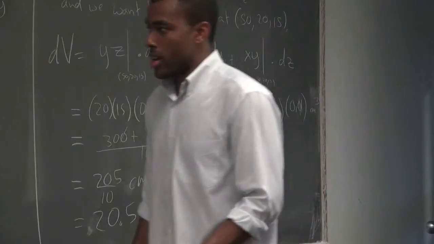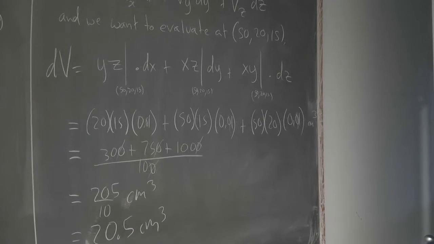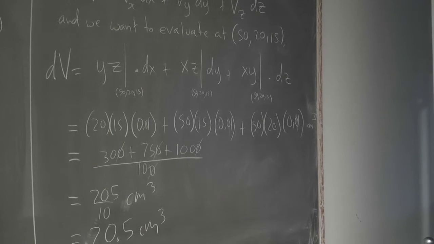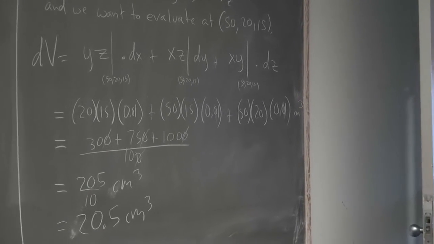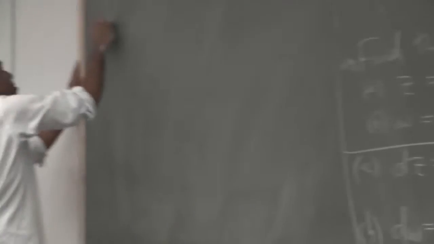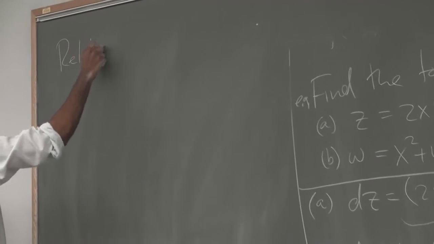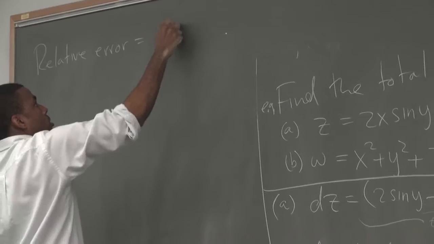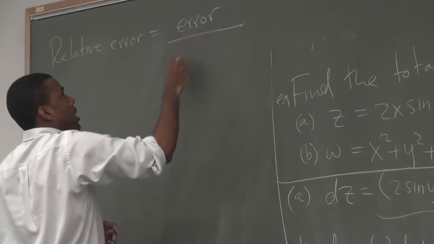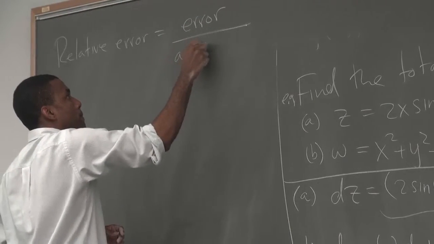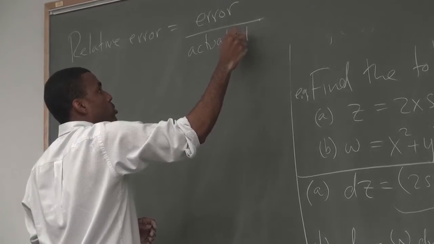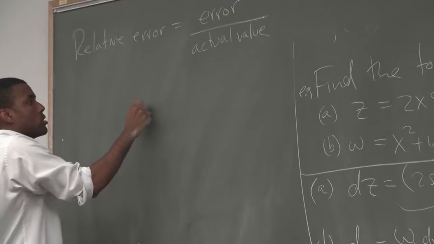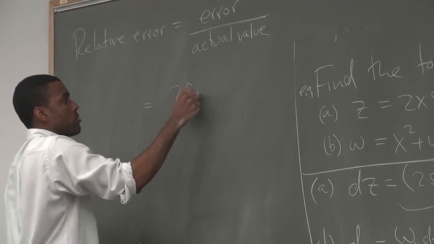Which might seem like a lot, but what's the relative error? How do we find relative error? Divided by the total. So relative error equals the error divided by the actual value. So the error here was 20.5.